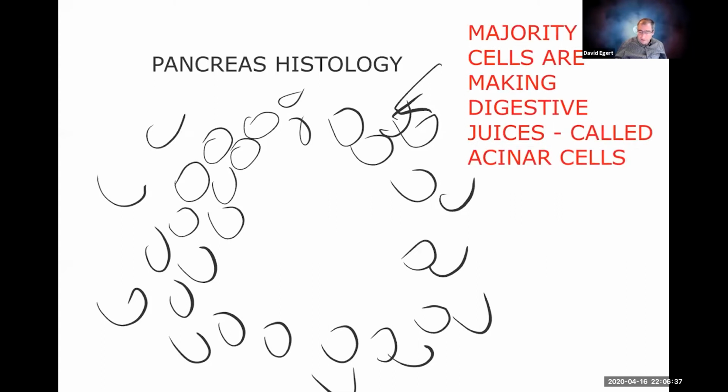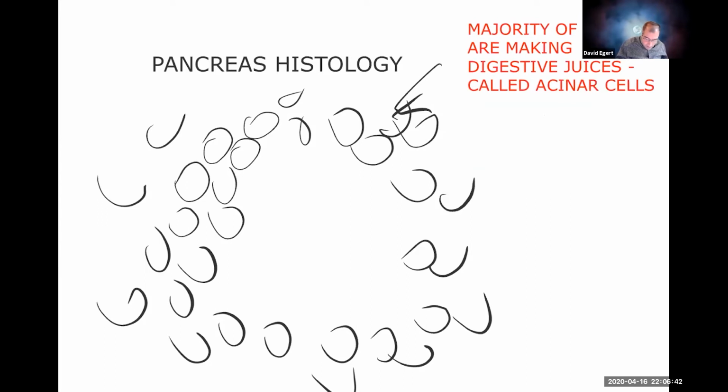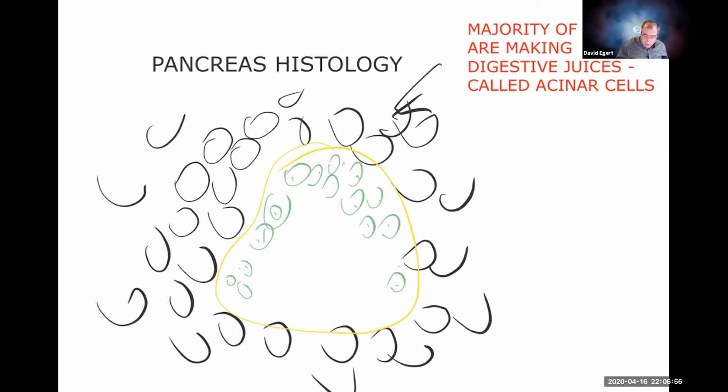They're called acinar cells. However, there are pockets within there where you can tell the cells look a little different. Depending how it's stained, you can also see they tend to look lighter. I will show you some pictures of this a little later. So here I have what's called an islet of Langerhans, or sometimes it's called pancreatic islets.